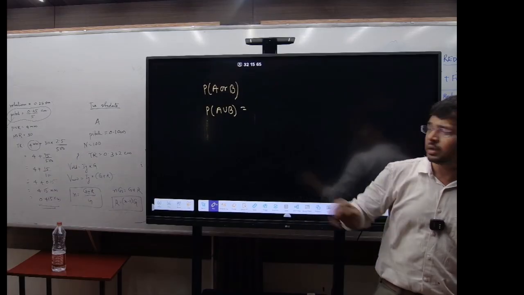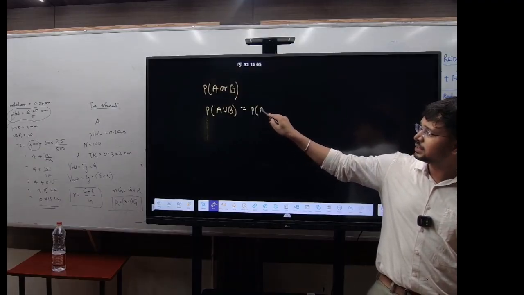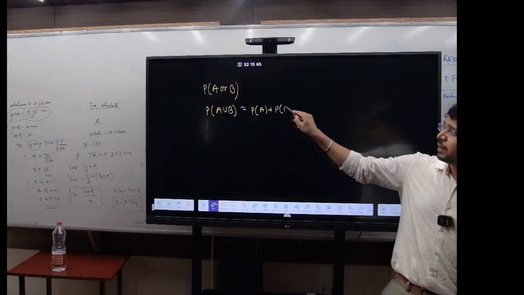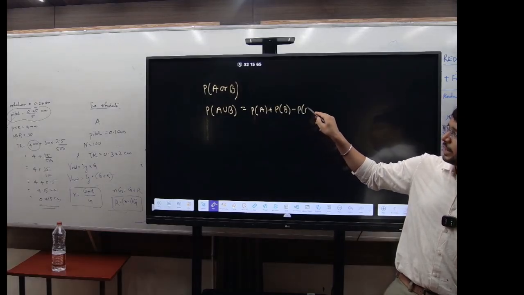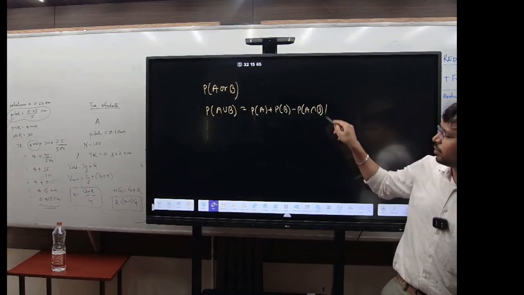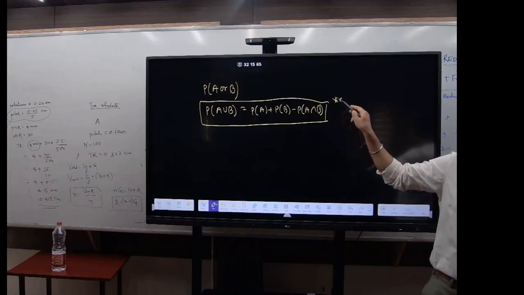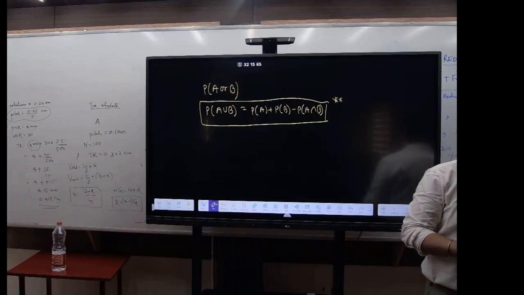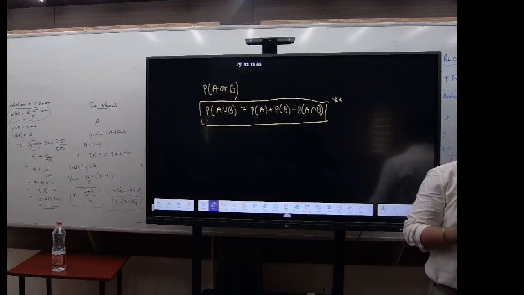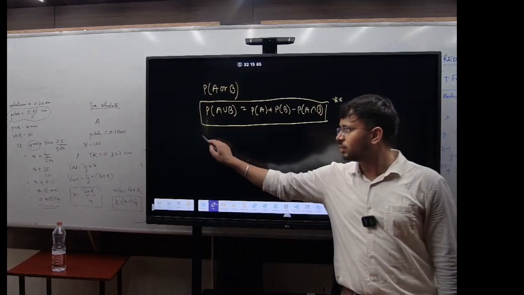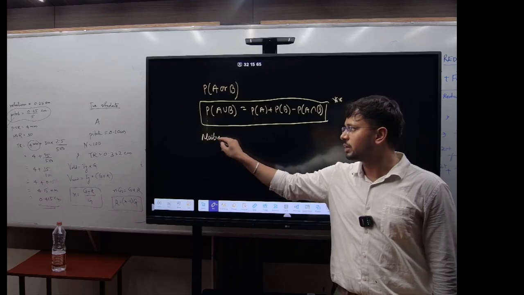It is P of A plus P of B minus P of A intersection B. Again, this is an important formula, but there are some conditions associated with it. Do you know what mutually exclusive events are? What do you mean by a mutually exclusive event?